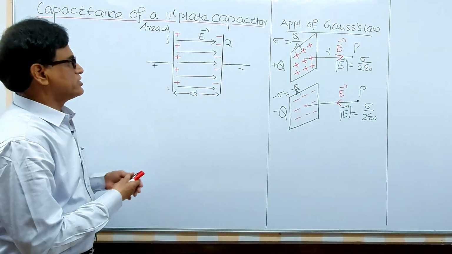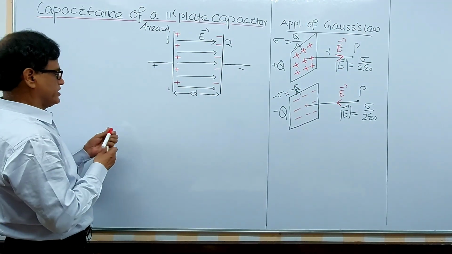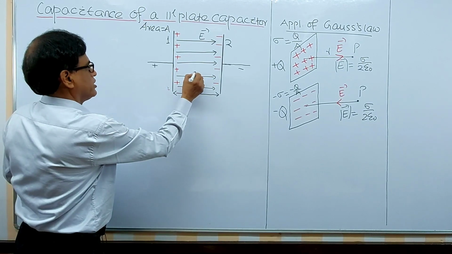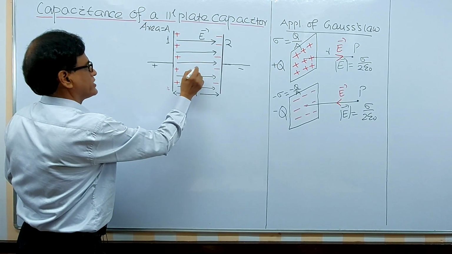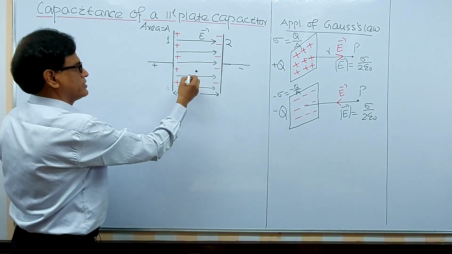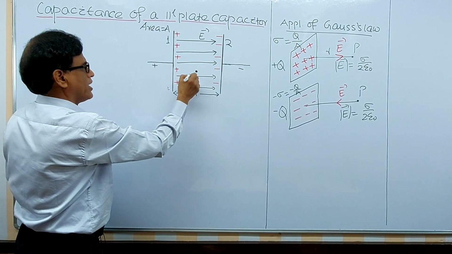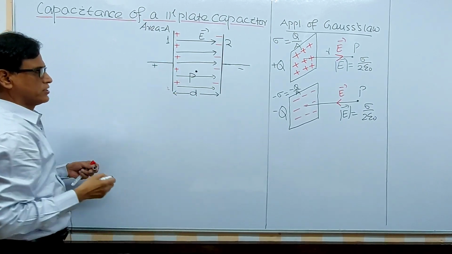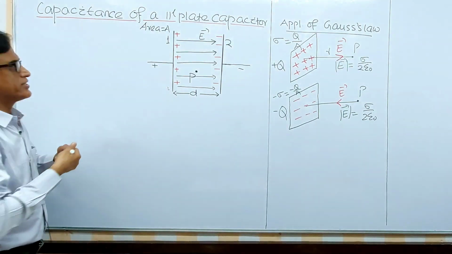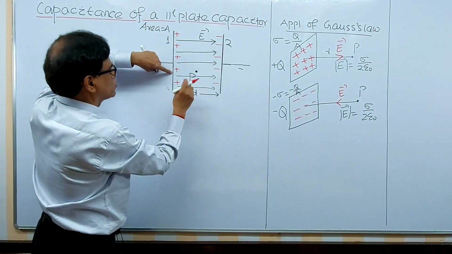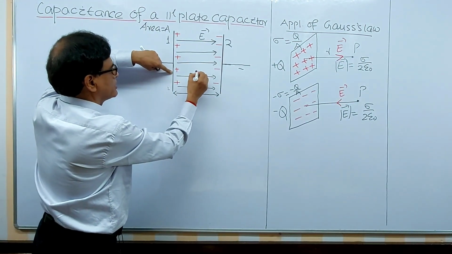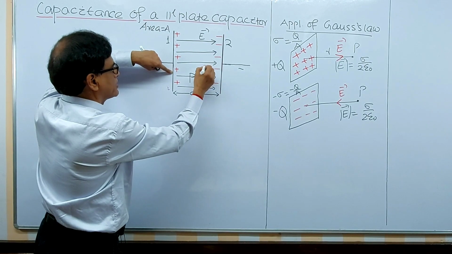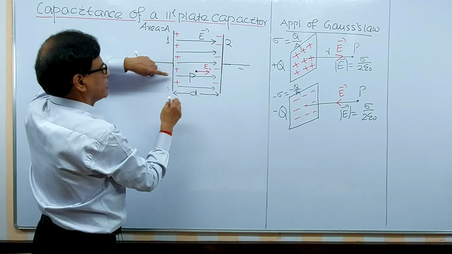Next, let us see what happens inside. Here you can take any point, it is not necessarily at the center. So this is the point P I am taking under consideration. Now what is the electric field at this point due to this positive charge? Definitely in this direction, that is E1.